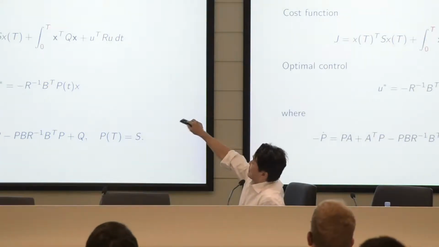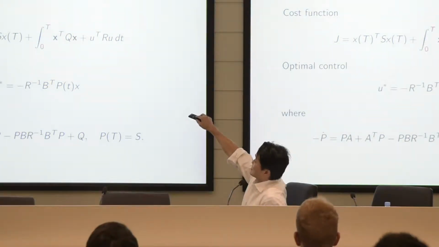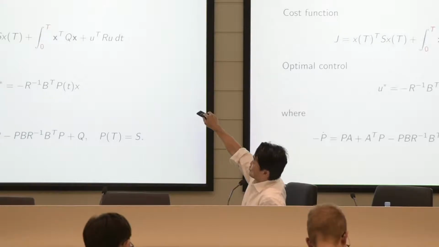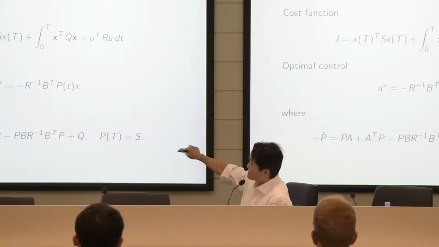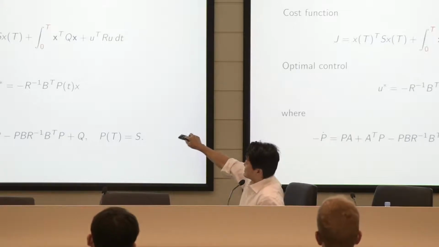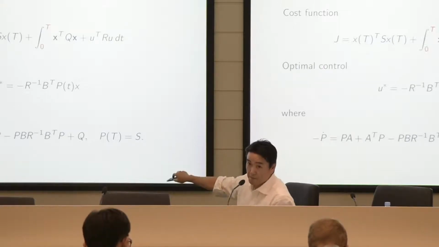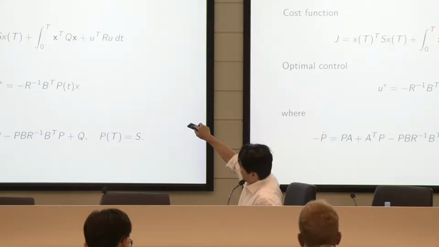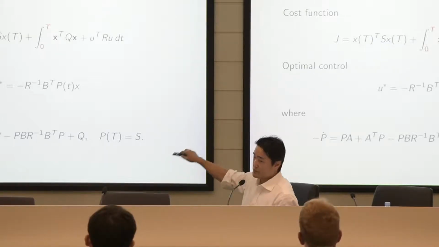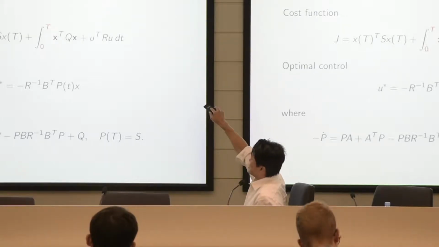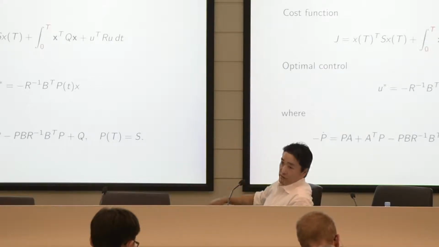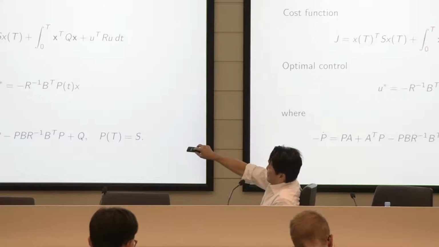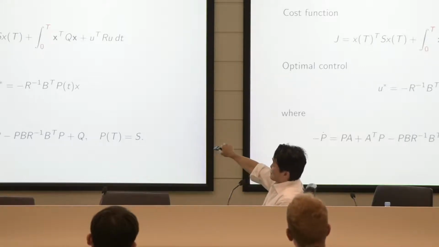For this kind of simple finite horizon optimal control, you have to solve the differential Riccati equation, right? And this is the optimal control. In engineering, this is not very popular because it doesn't guarantee stability. But sometimes you want to solve this, and to do that you have to solve this differential Riccati equation.